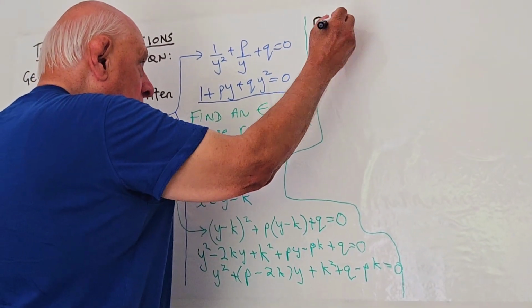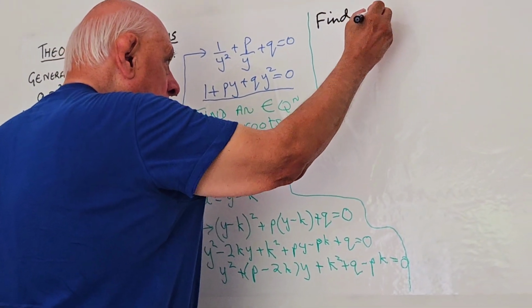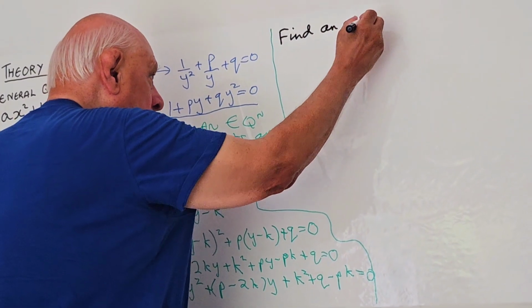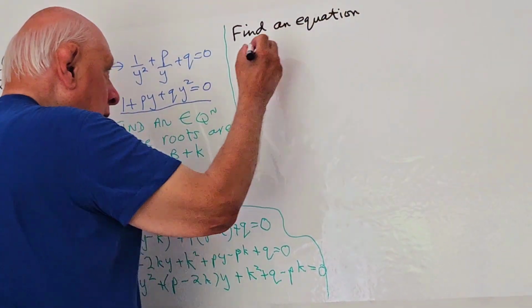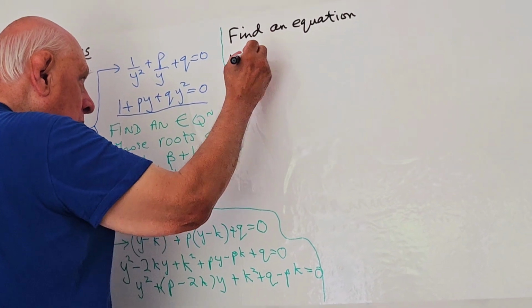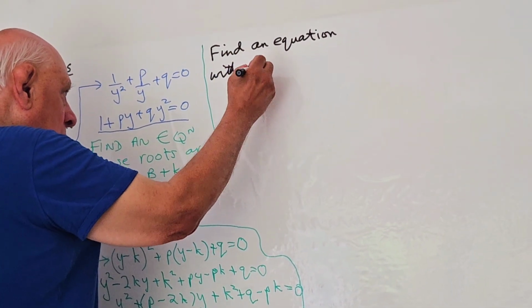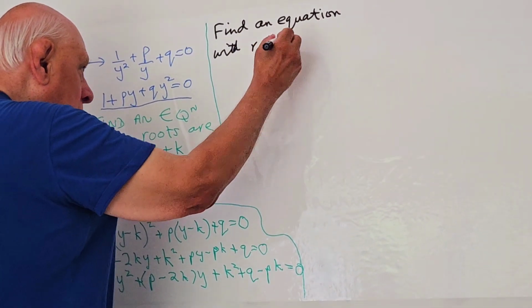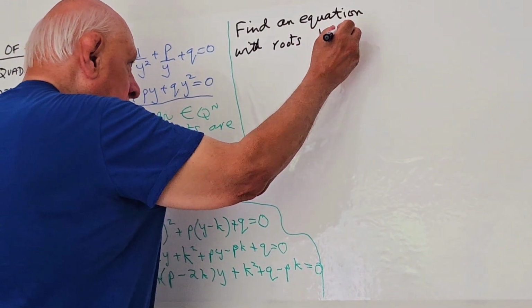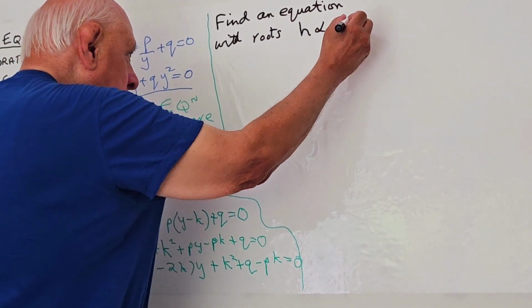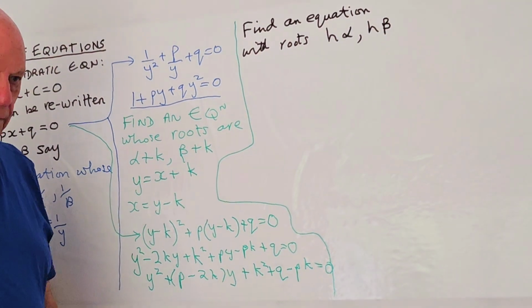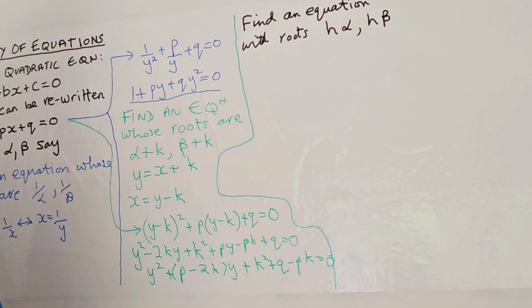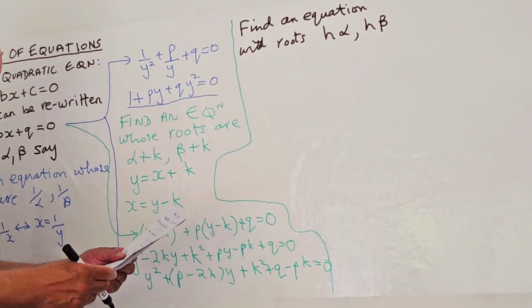Find an equation with roots, we call that h alpha and h beta. Again, h can be any number, positive, negative, fractional, or otherwise.